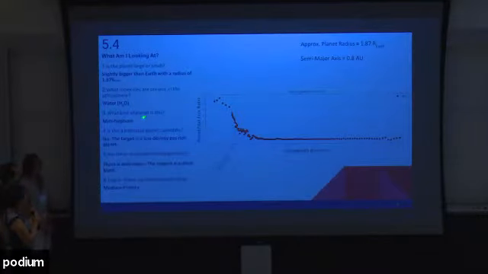We have water, but again, it's a mini Neptune. It's more than 1.5 Earth radii, and it's again a low density gas-rich planet, so it cannot be habitable.